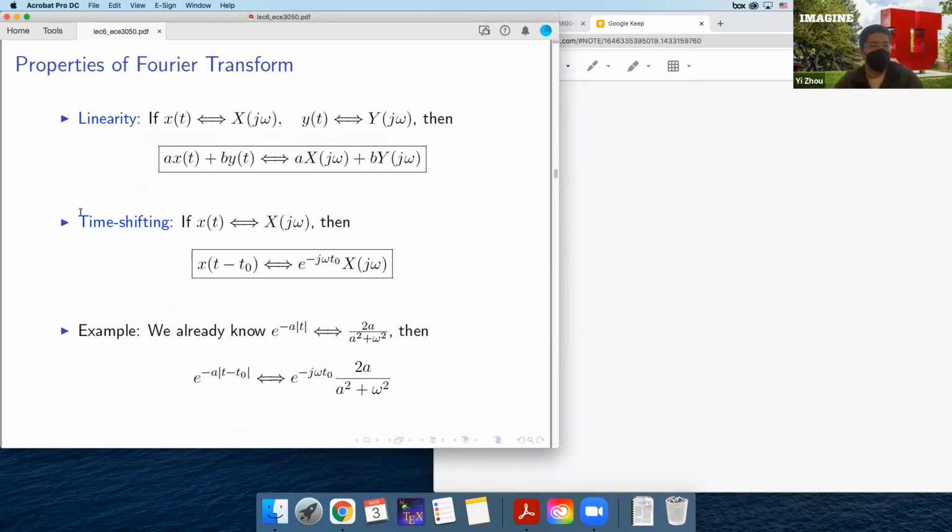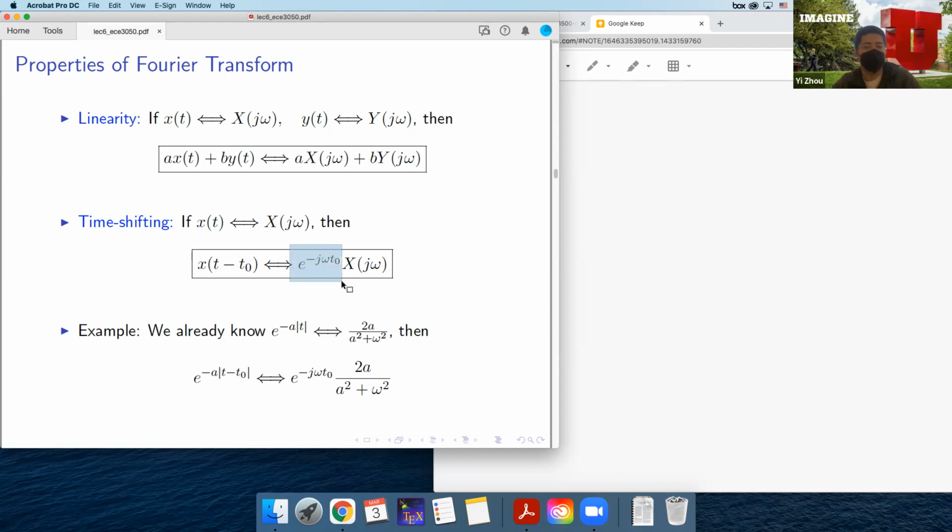Similar to the Fourier series, we have the time shifting property. A shift in the time domain will lead to a phase change in the frequency domain. In particular, this phase change depends on the time shift only.